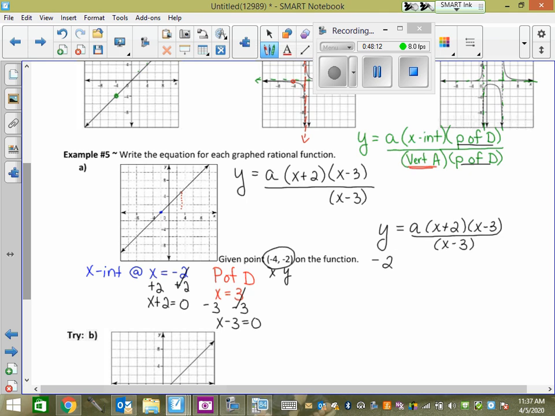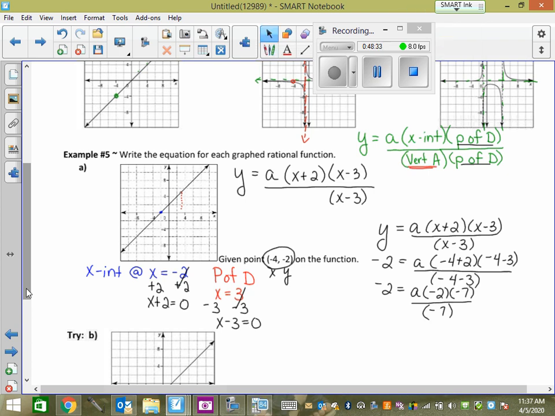So we're going to get -2 equals a, -4 plus 2, -4 minus 3, over -4 minus 3. So we get -2 equals a times -2 times -7 over -7. Now before you go to solve, the first thing you need to do is cancel these -7's off.